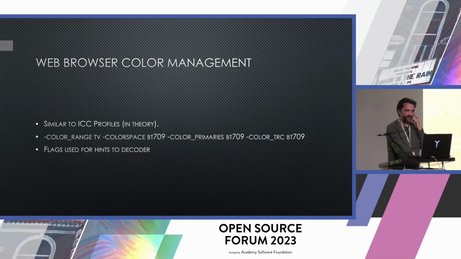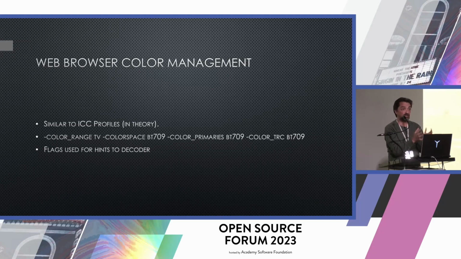Now, things get even more squirrely when you start trying to take that image and display it on a web browser. There's this beautiful thing called ICC profiles that exist for PNG files, where you can say, this is how I want this image to be represented when I display it on some strange device.